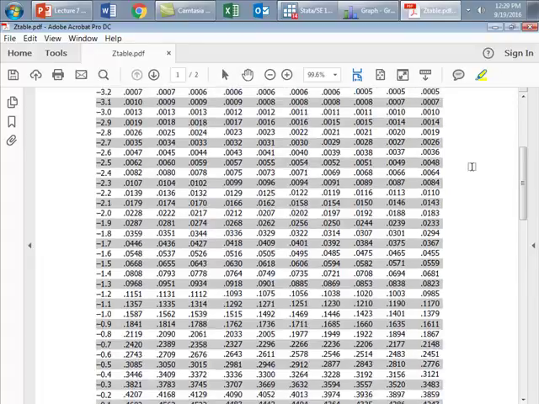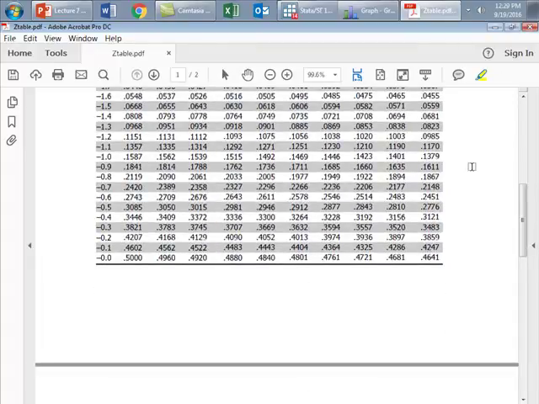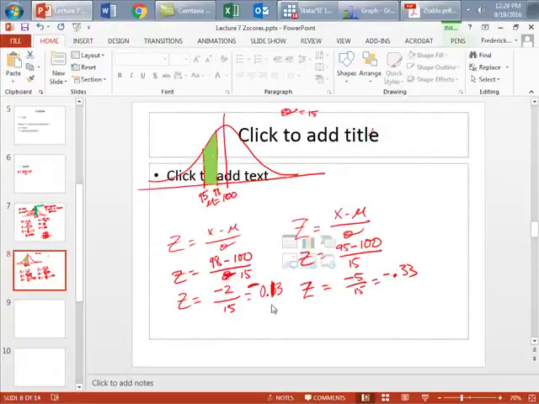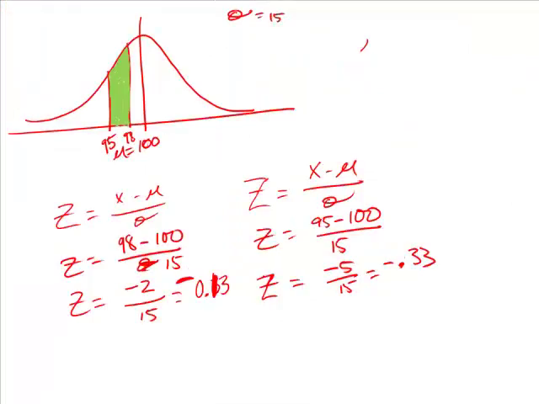Here it is. 0.330, 31, 32, 33. 0.3707. Okay. What's the other one? 0.4483. Okay. Now what do I do?